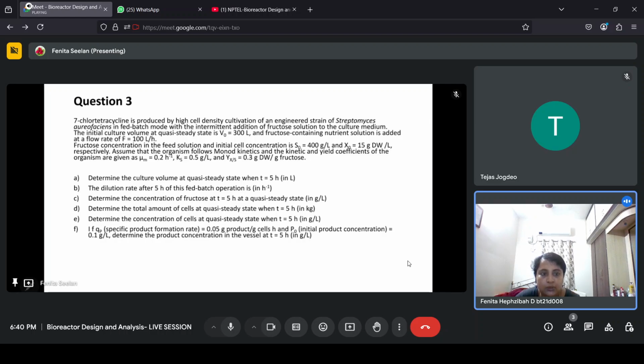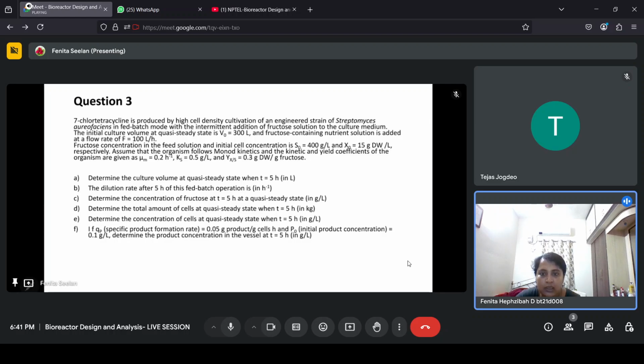You are asked to determine, A, the culture volume at quasi-steady state when time is 5 hours. B, the dilution rate D after 5 hours of this fed batch operation. C, determine the concentration of fructose, the substrate, at time equal to 5 hours at quasi-steady state.